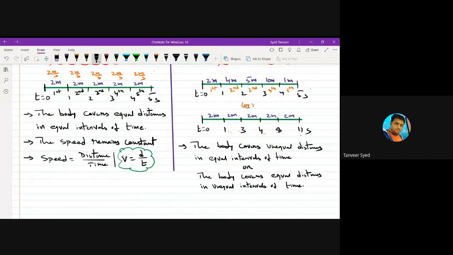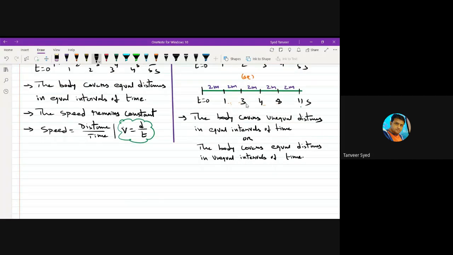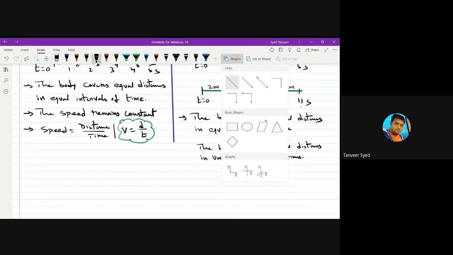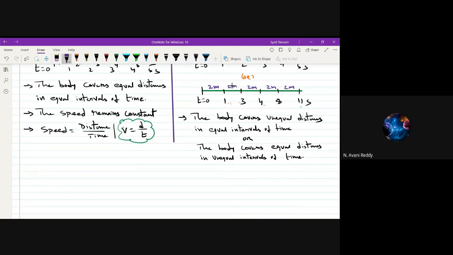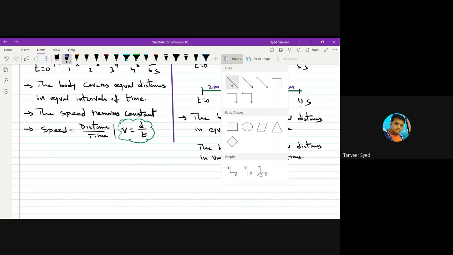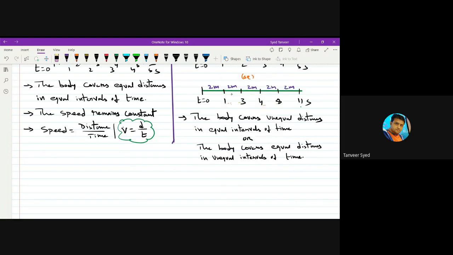Then, if the body is in non-uniform motion, what about its speed? Will its speed remain same throughout the journey? No, sir. If speed remains same, it will be in uniform motion. If it is non-uniform motion and if it is moving like this, then definitely its speed will not be same.